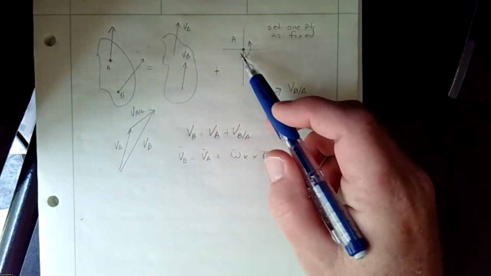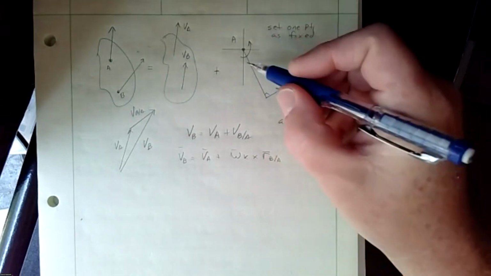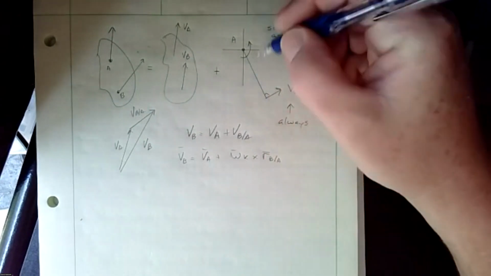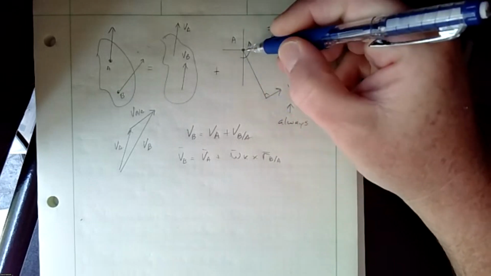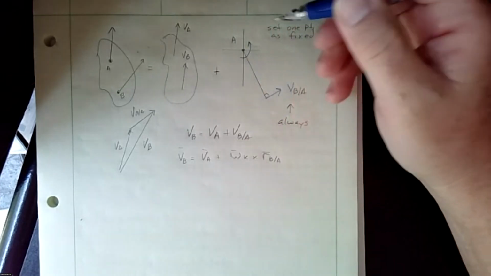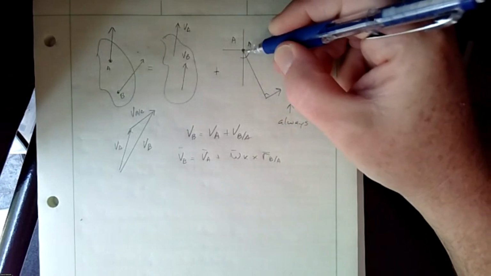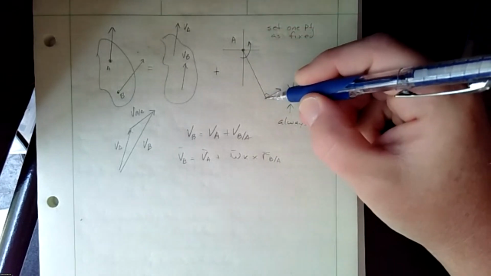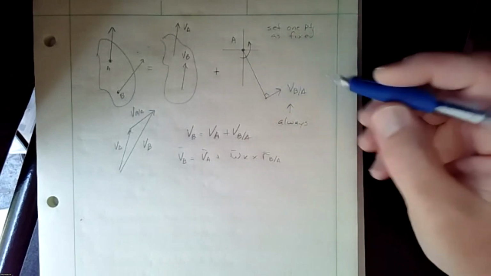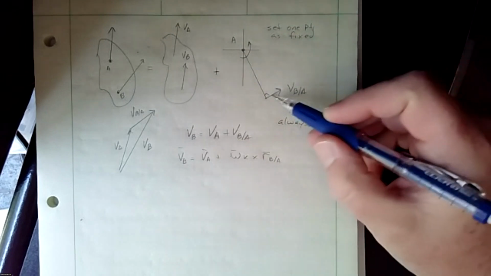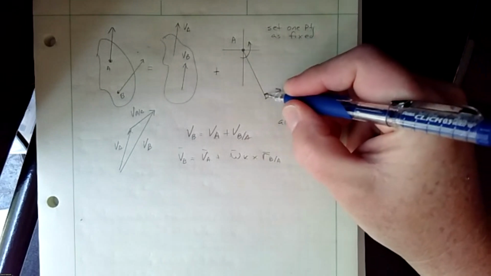And now we're saying that if it rotates in this direction, then this vector here, B relative to A, so you go from A to B, just like we talked about in class, you always go from the point of rotation to the velocity that you're looking at. And then from that, you know that that velocity is going to be perpendicular.